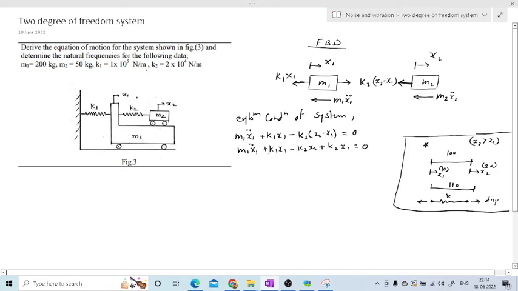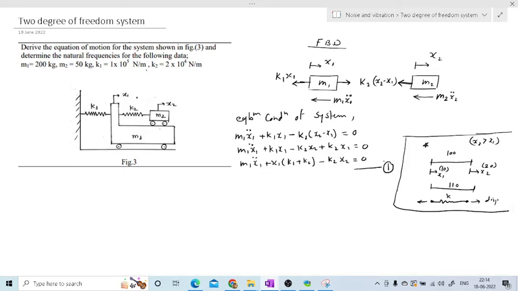Now from this term and this term x1 is common, so we can write m1 x1 double dot plus, taking x1 common, in bracket k1 plus k2, minus k2 x2 is equal to 0. This is equation number 1. Okay, so we got the differential equation for mass 1.